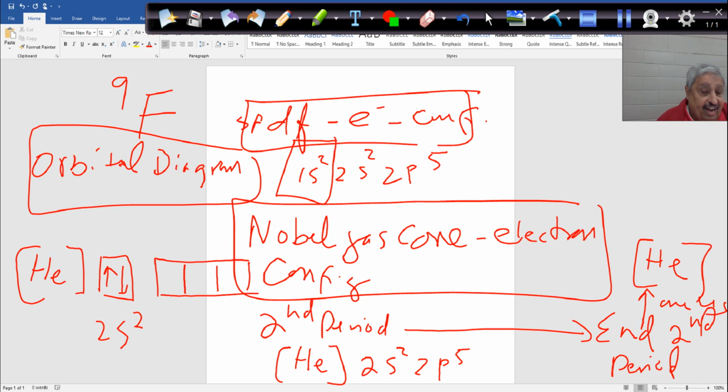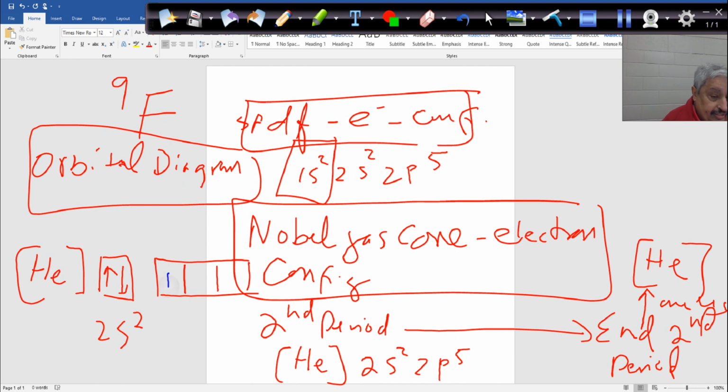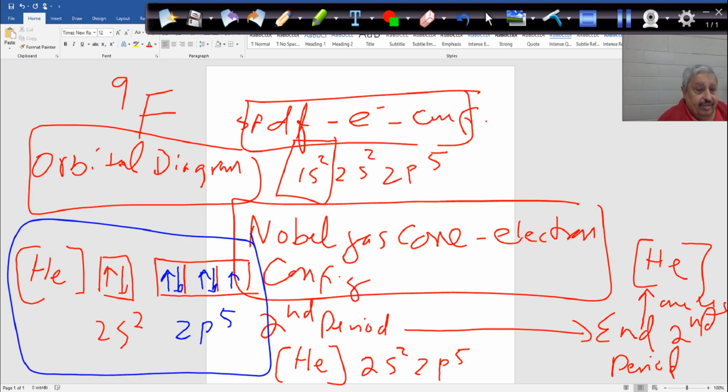So I have 5. According to Hund's rule, they have to enter singly and parallel. Parallel means they have the same spin: up, up, up, or down, down, down. Then the opposite has to be the opposite. That's 4, and then 5. And this is 2p5. This is the orbital diagram, correct?